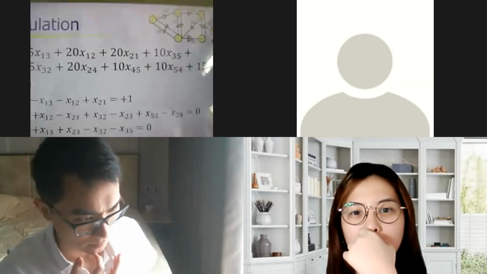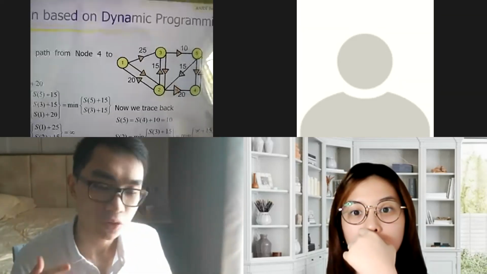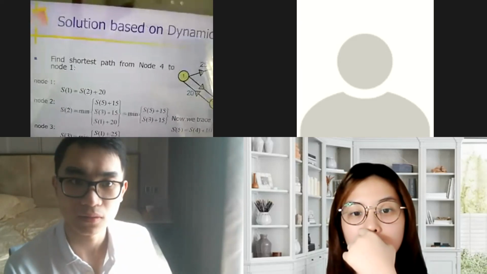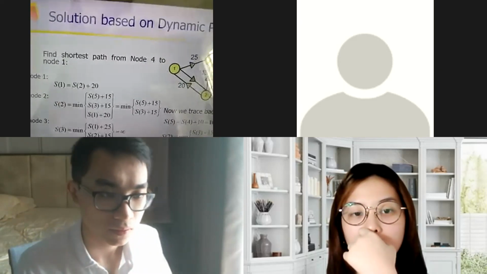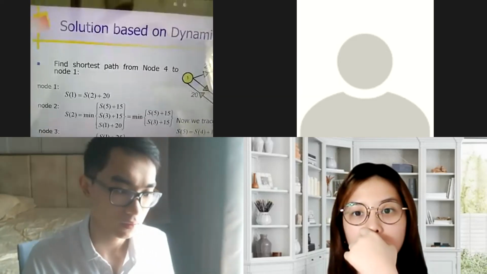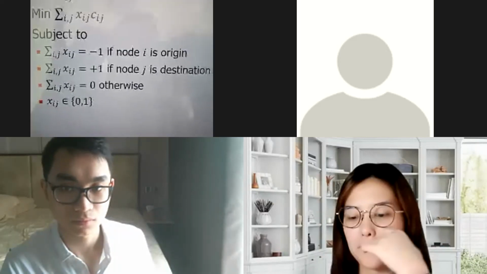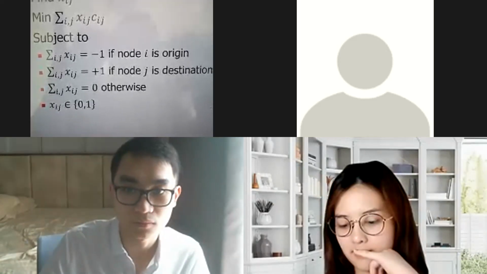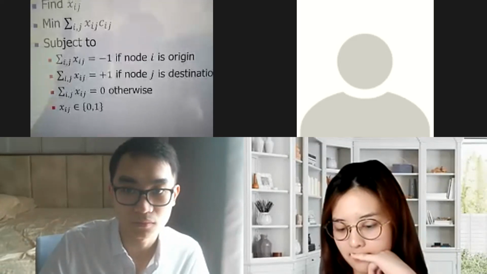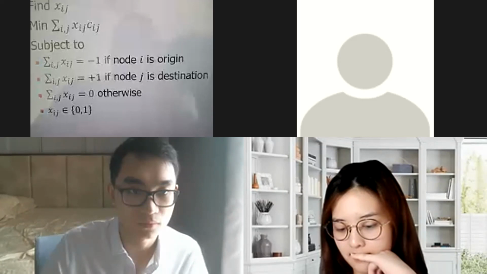Because we want to go from node 4 to node 1. Node 1 is the sink. In the formula, the origin is negative 1 and the sink, the destination, is positive 1.